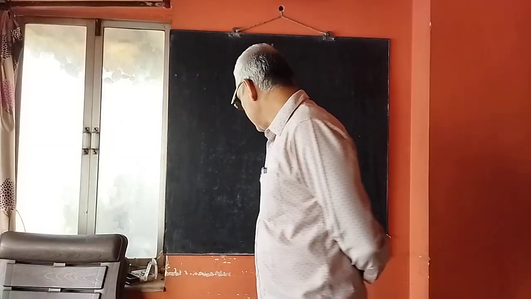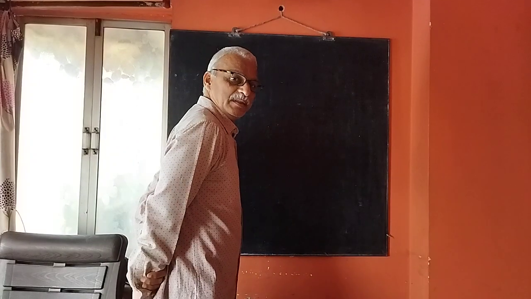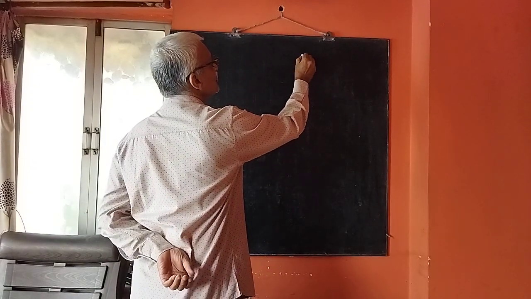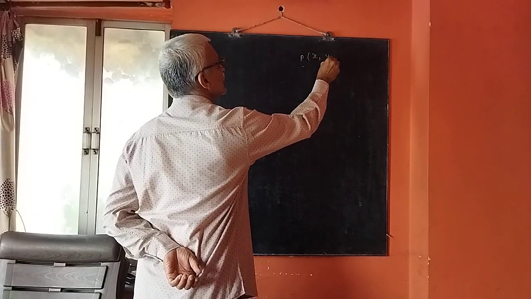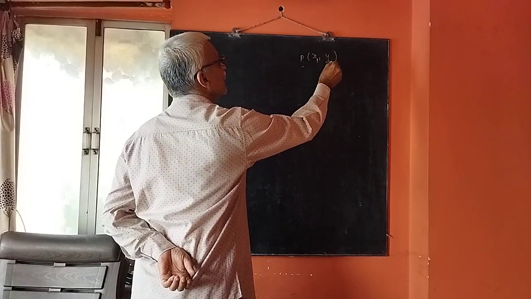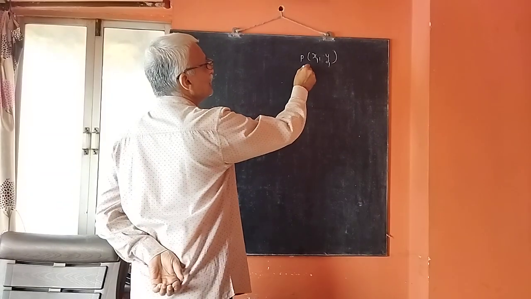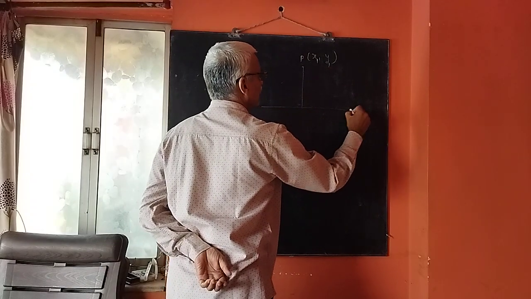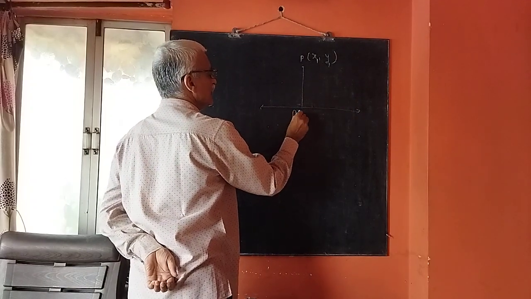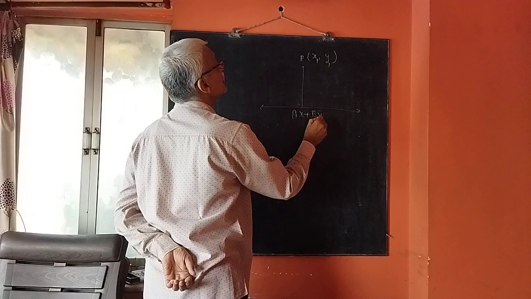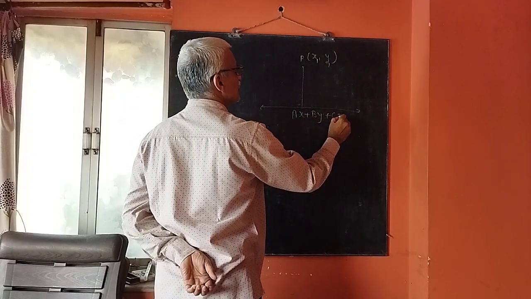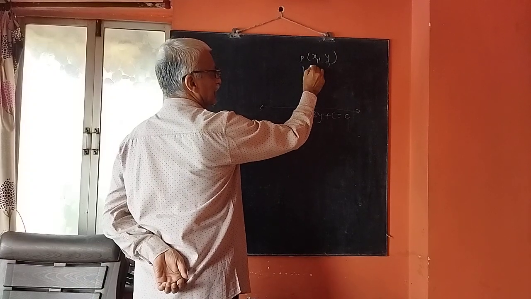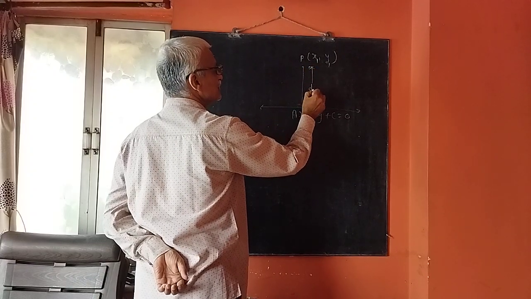First, we will revise what is the perpendicular distance formula. The perpendicular distance formula means if I consider a point here, let us say P, whose coordinates are x1 and y1, then the distance between this point and a line whose equation is ax plus by plus c equals to 0 is this distance d.